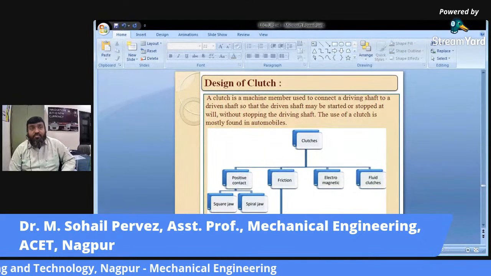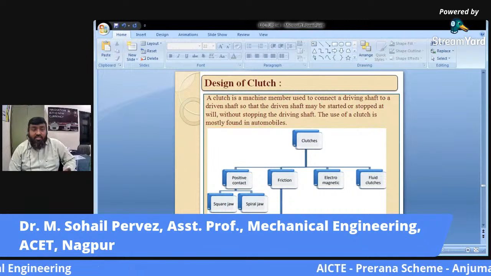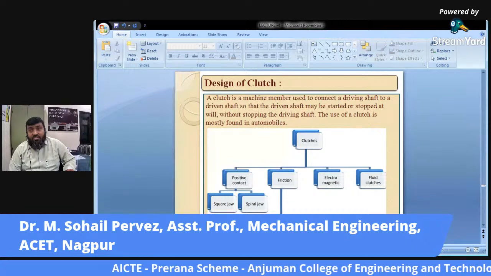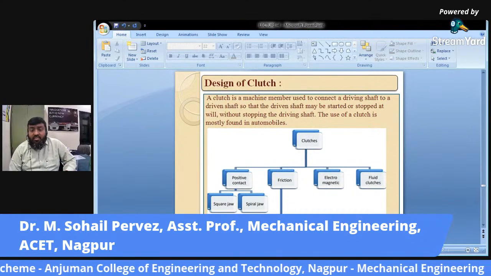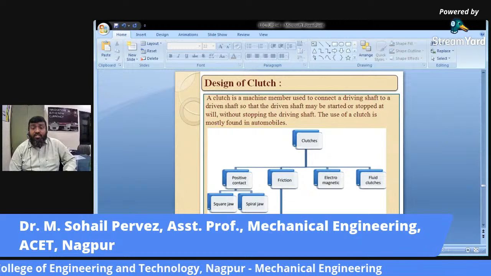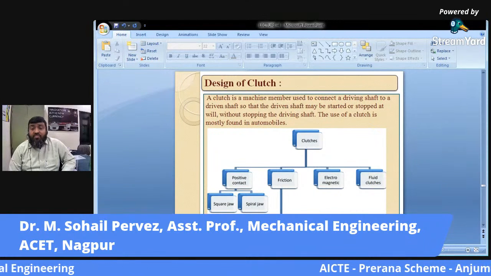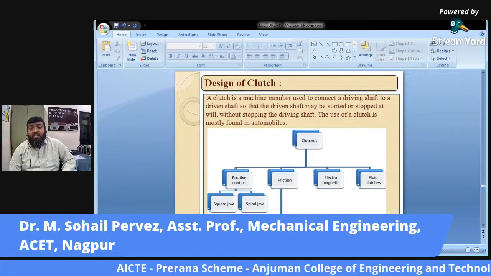Take the example of automatic bikes, the centrifugal clutch, in your Activa and other mopeds, wherein we don't have gears, or rather gears are there, but the criteria is something different. So centrifugal clutches are again very important.